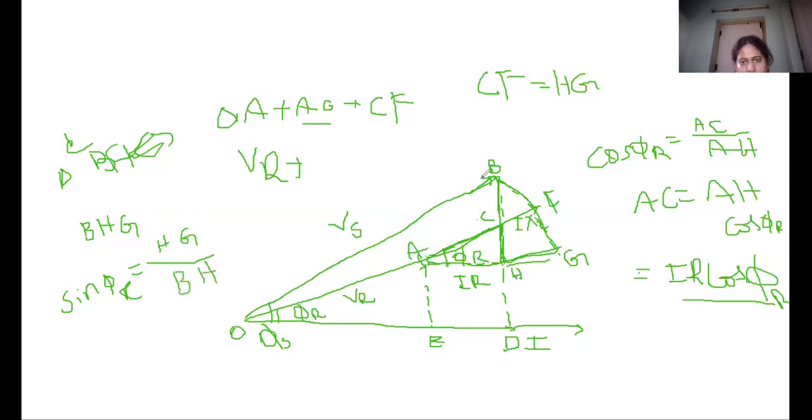Here the BH value we know is I XL. So HG equals, in the place of BH, we substitute I XL sin phi r. So we can substitute the values and find the Vs value.